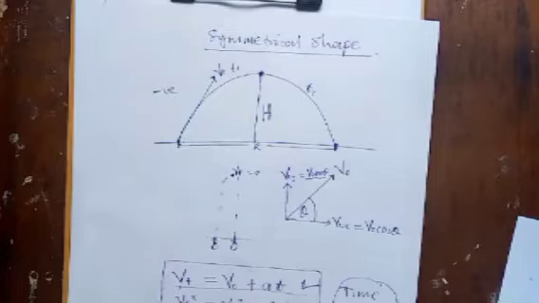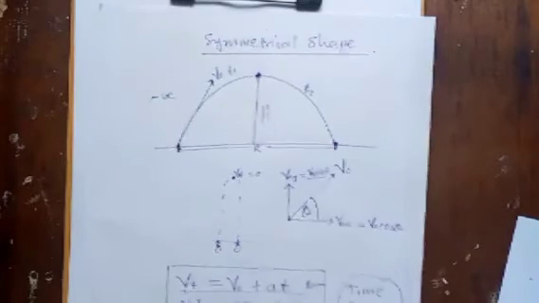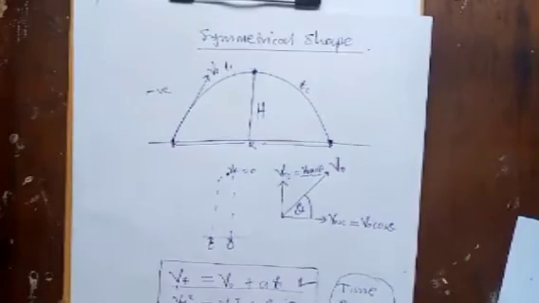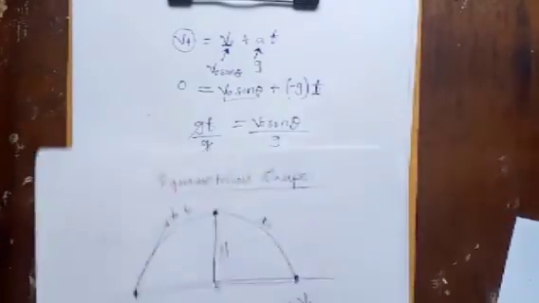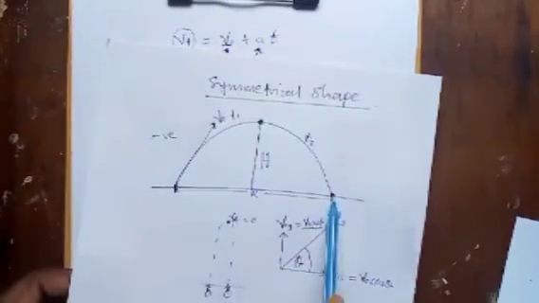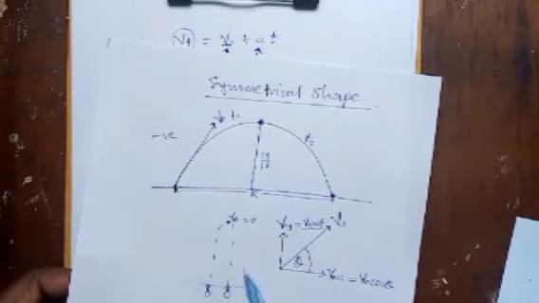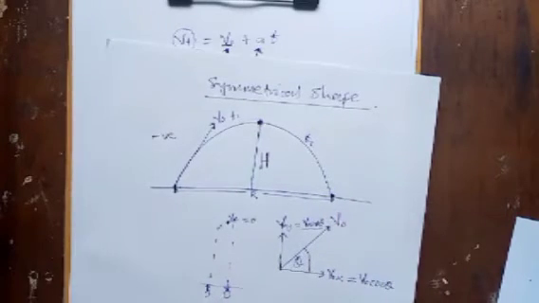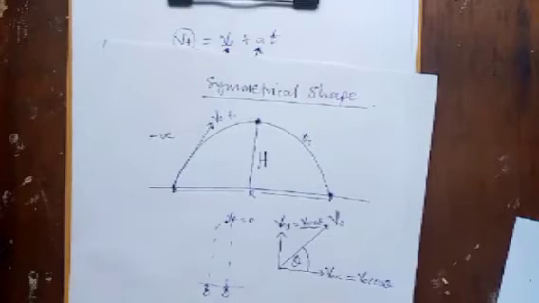But now, since I'm considering this one to be the range, my time has to be the total time it takes for it to move from here up to that side. So in short, I'm going to use the time of flight wherever there is t.